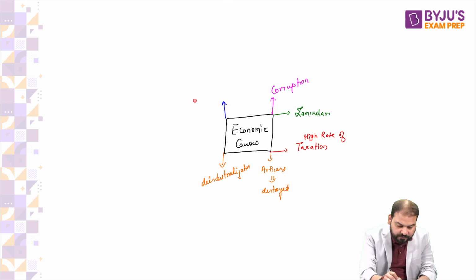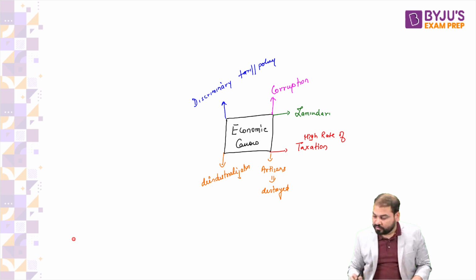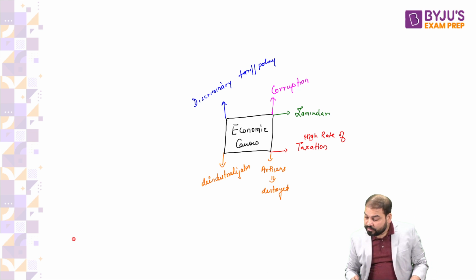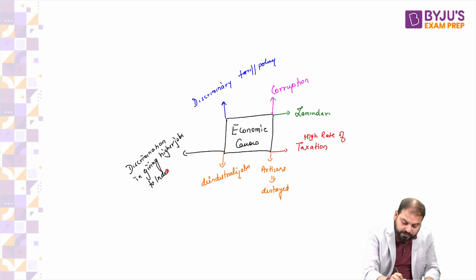Vetri says discriminatory tariff policy. Raj says discrimination in giving higher jobs to Indians.